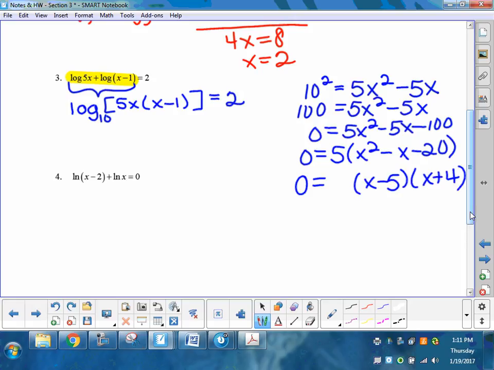Forgot the 5 in front. How many factors does this have? Hands up, please, if you can tell me. How many factors will this have? Christina? Careful. 3. We've got a set.